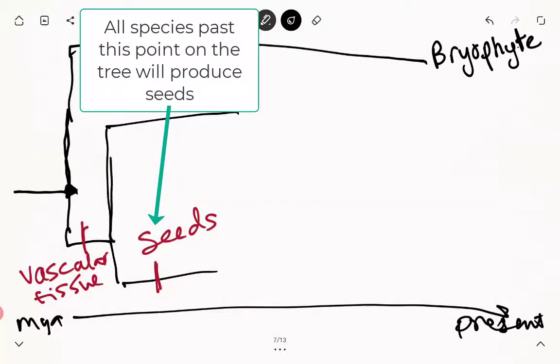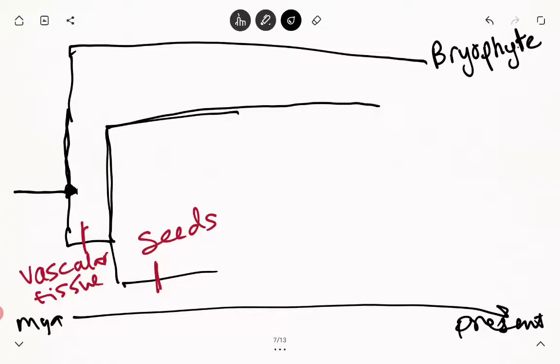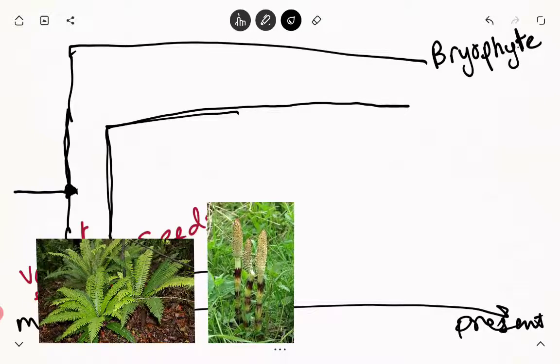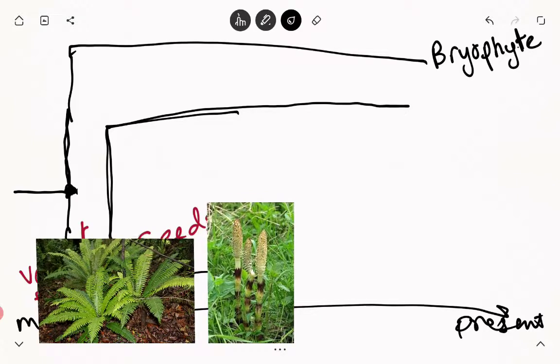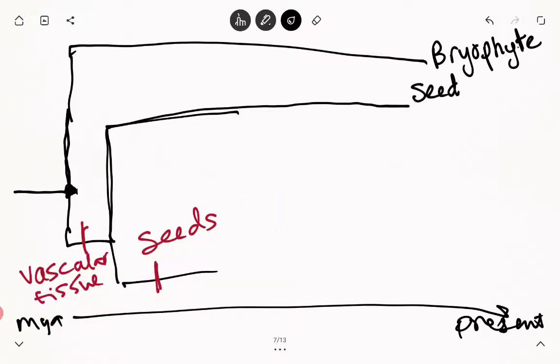Then that means that this branch up here does not produce seeds because that trait evolved afterwards. And so this group is going to be our ferns and the allies of ferns, or what are commonly called seedless vascular plants. So things like ferns or horsetails, because they have vascular tissue, but they don't have seeds. Okay, because seeds evolved down here on this other branch.